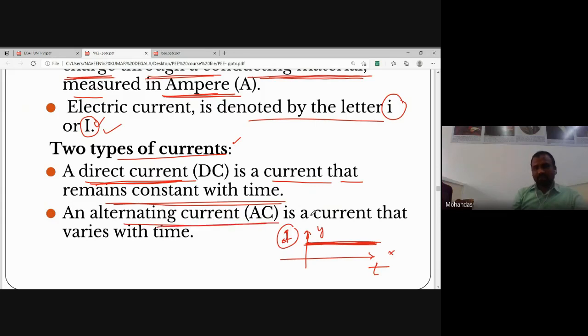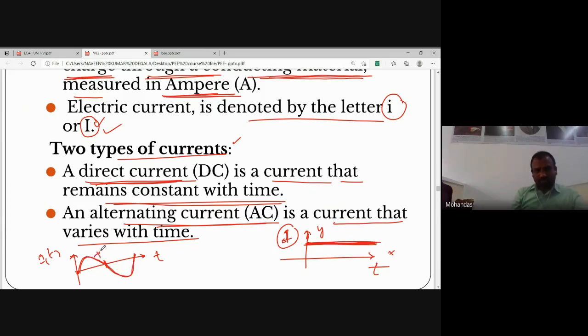In terms of waveform, alternating current is the current that varies with respect to time. Suppose you want to draw the magnitude of the alternating current, this is known as i of t. With respect to time, for some time the magnitude is positive. For some of the time the magnitude is negative.